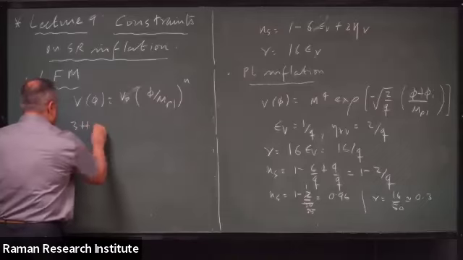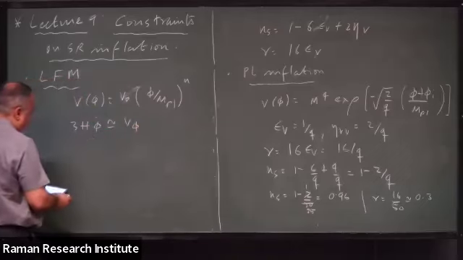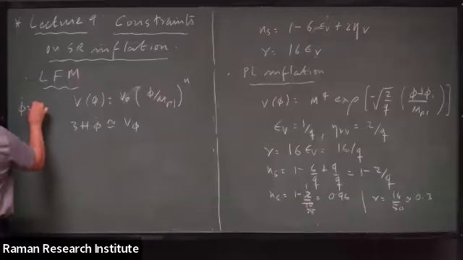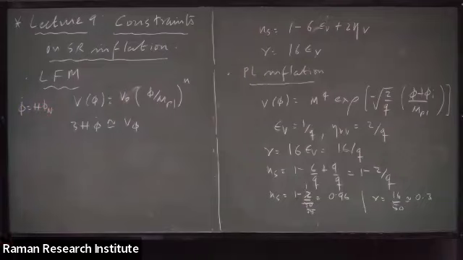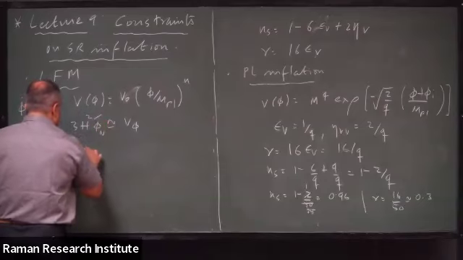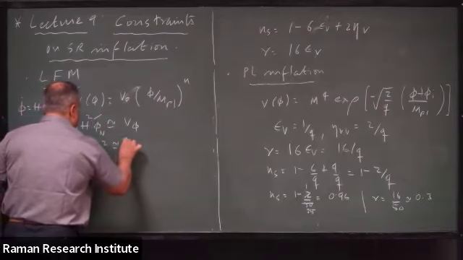that 3H phi dot, I'm repeating what I had done earlier, is V_phi, okay? And remember, phi dot is H phi_N. Do you understand the notation? Phi subscript N is d phi by dN, so it is H phi_N. So this is 3H squared phi_N, and then I have 3H squared mpl squared is roughly V, okay?